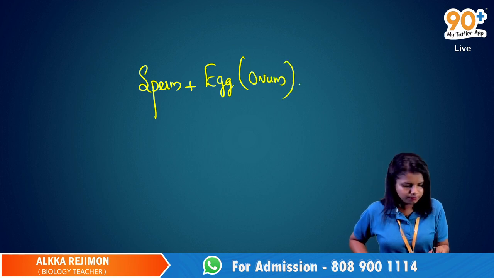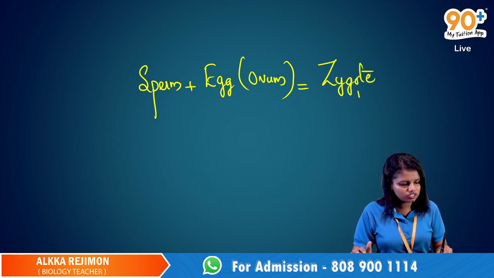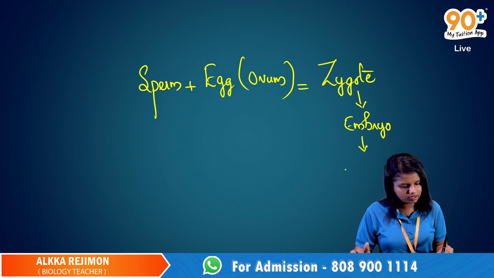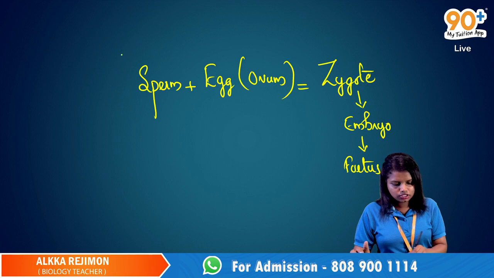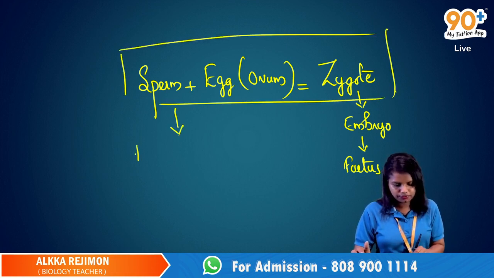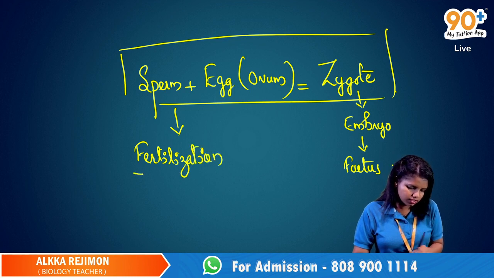The ovum gives a product called zygote, and it is this zygote which later develops into an embryo, right? And it finally becomes a fetus. So this process of sperm combining with the egg and producing a zygote is called fusion of gametes, and that entire phenomenon is called fertilization.